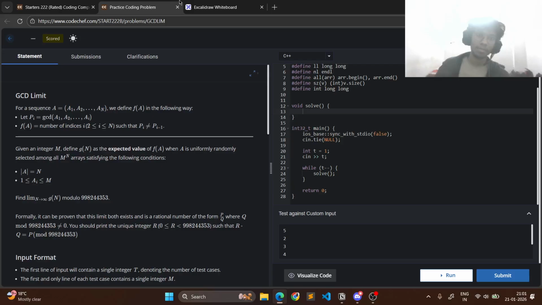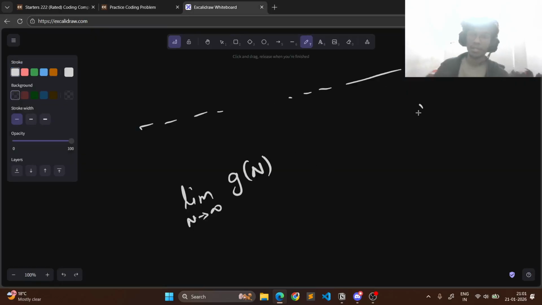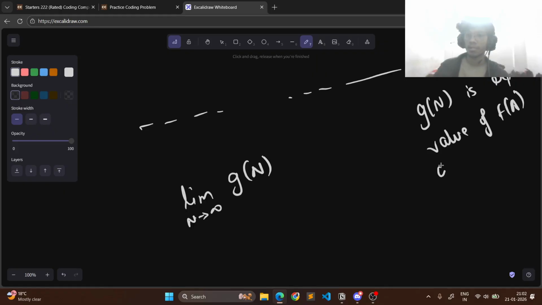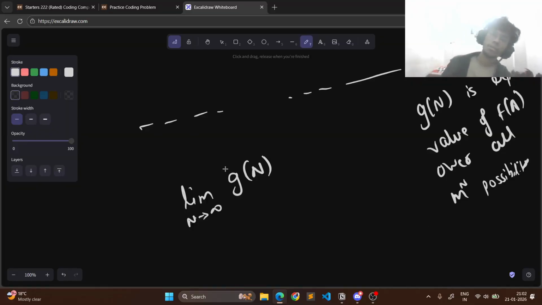Now I'm thinking I have to reduce this, meaning if I make some expression for g of n, that g of n is the expected value of f of a over all m to the n possibilities. So this is not the mean. If it was the mean then I could have done something like summation of all the values, but no, this has to be something else.